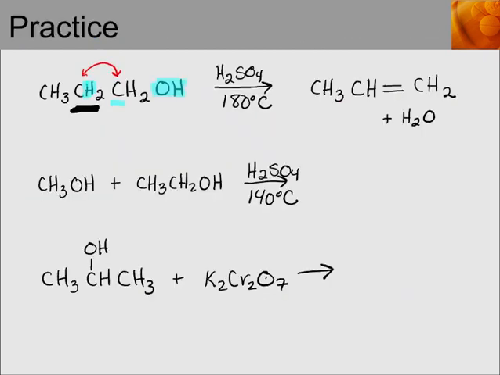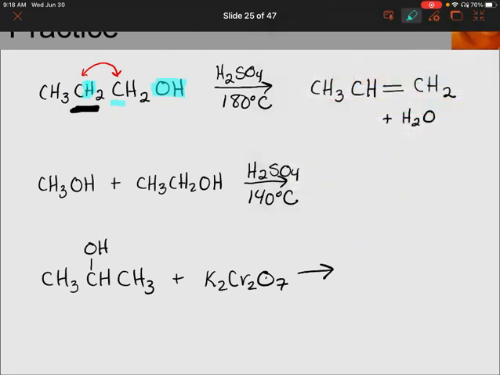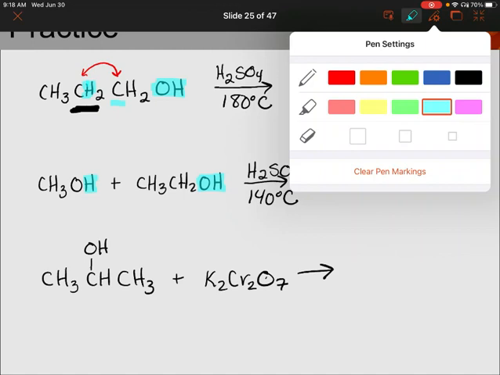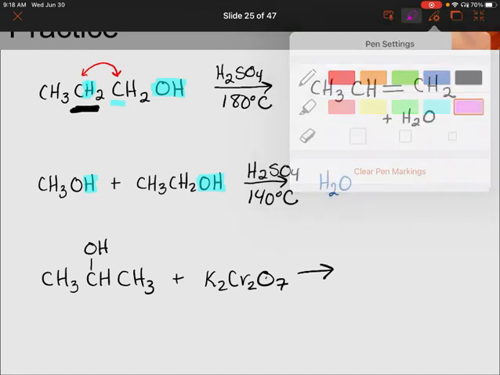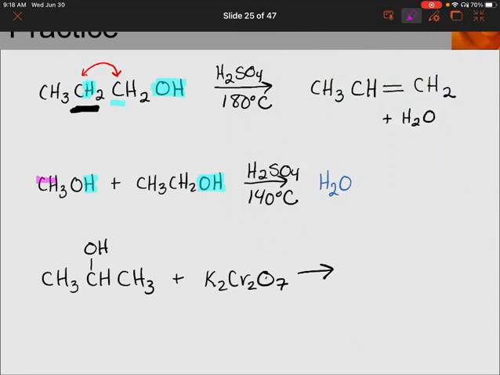We have to figure out what our ether will look like, but similar to the reaction above, we're still going to lose a water molecule. So let's say we lose the OH group from one alcohol, and then the hydrogen from the next alcohol. That is our H2O molecule, and then we just have to piece together what's left.